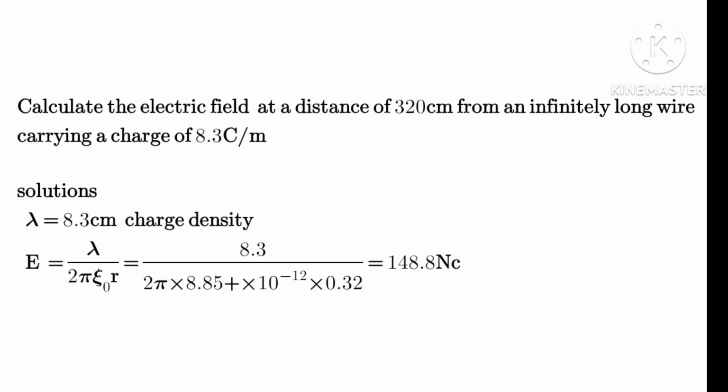The lambda is meant to be 8.3 coulomb per meter, so that's the charge density. Recall that we did something like this in the first question we solved. When we insert all of the necessary parameters, we have the electric field to be 148.8 newton per coulomb. So that is the end of this episode.